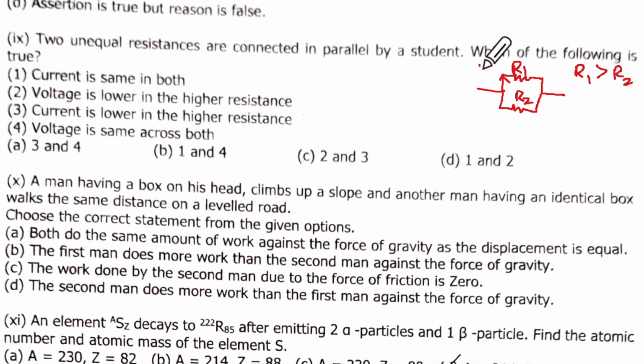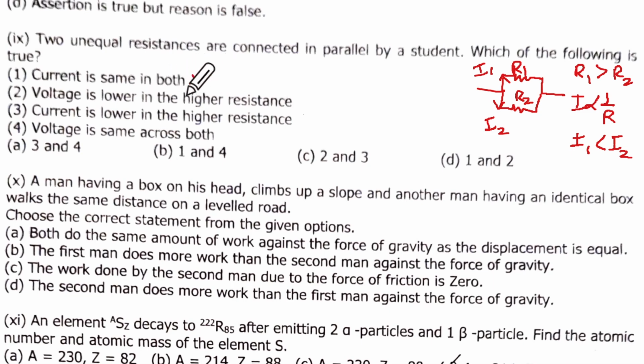So in this branch there will be I1 as the current and this one will be I2 as the current. Now remember, I is inversely proportional to the resistance. Less resistance, more current, more resistance, less current. So if R1 is greater, I1 will be less than I2. So the current in both is the same is not correct.